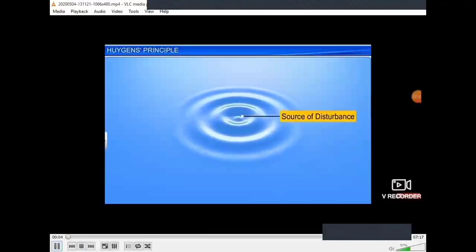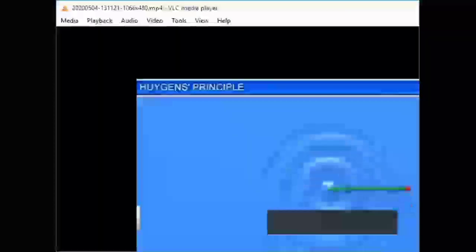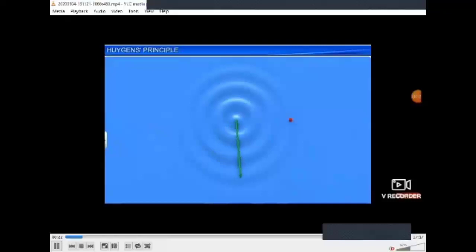Ripples spread outward along the surface. When a pebble is thrown in here, it creates a wavefront.